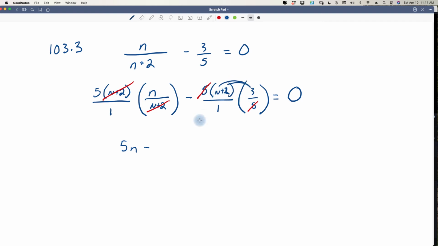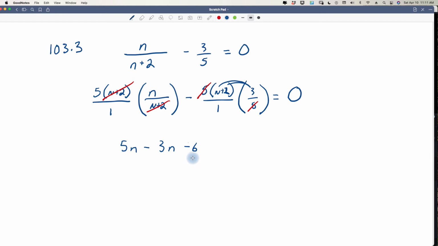So 3 times n is going to be 3n, and it's a negative 2. So that's going to be negative 6, because it's this negative right here. Can't forget about it. It's changing everything in here to a negative. So positive 3 times positive 2 times the negative is a negative 6.